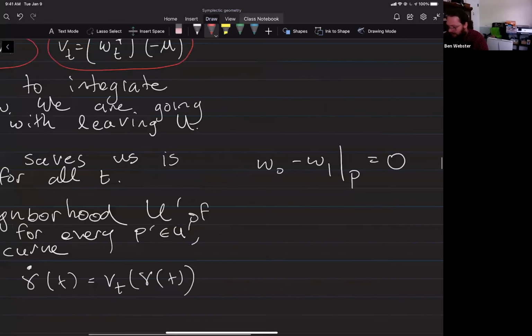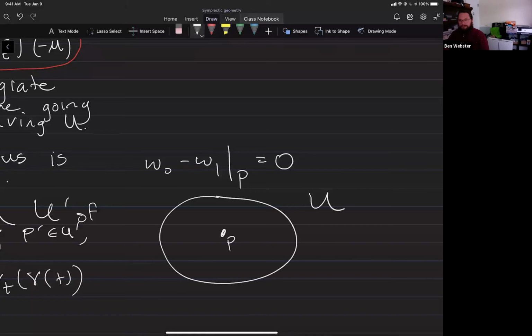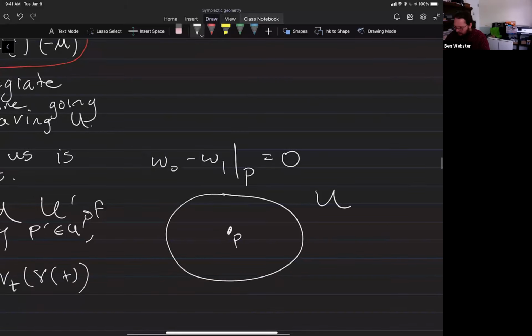So what we're going to have is, here's P, here's my U, and my vector field V might do all kinds of wacky stuff. I don't know exactly what it looks like, but it vanishes at P, and it can't get big too quickly away from P, right?